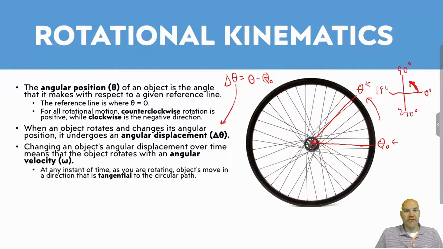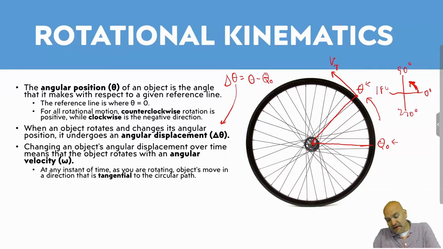Now, once you start changing your displacement over time, you get an angular velocity. At any instant of time as you're rotating, you also move tangentially, and tangential means touching the circle at one point.